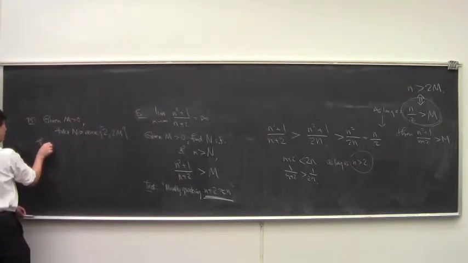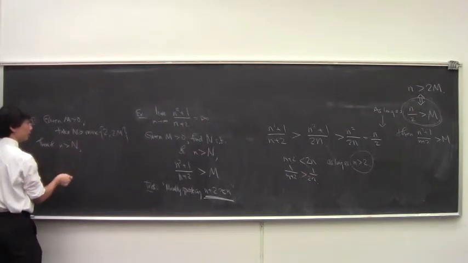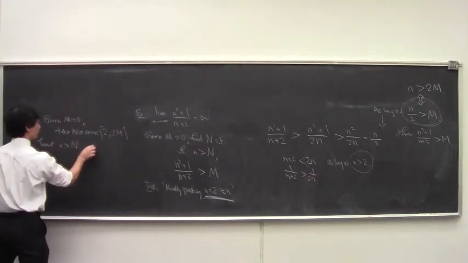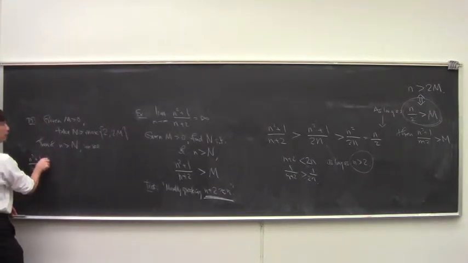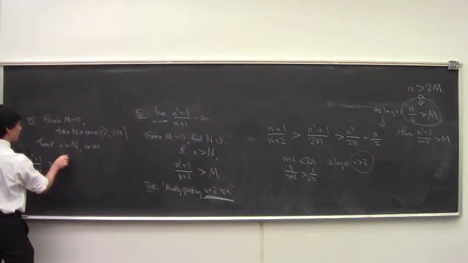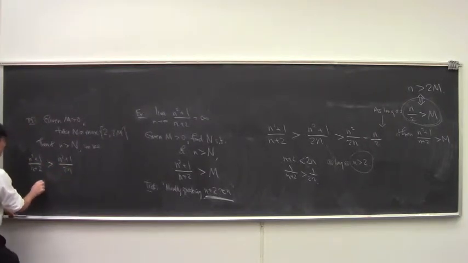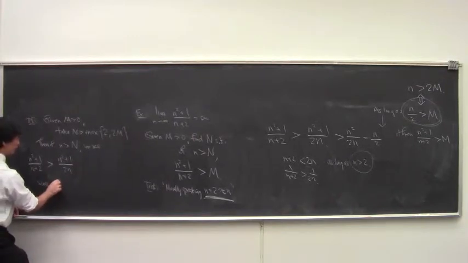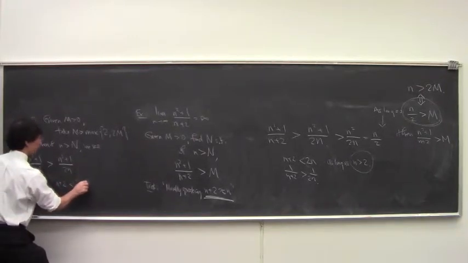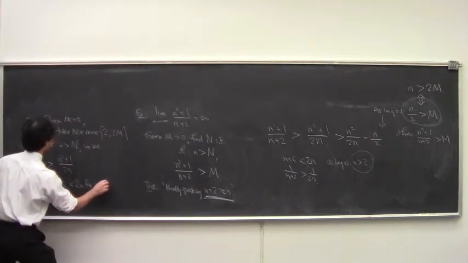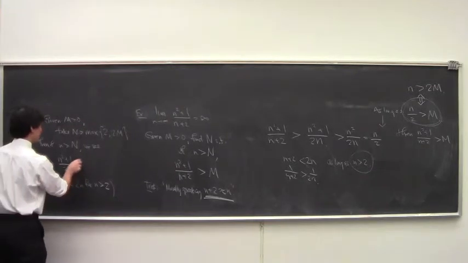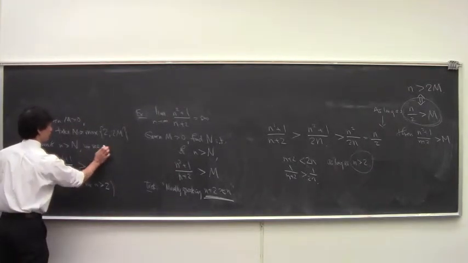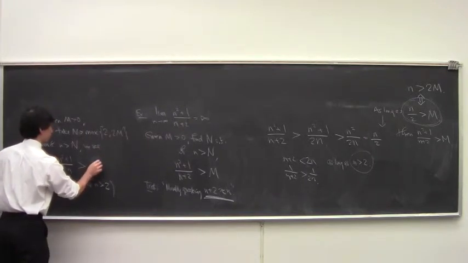Then, if n is bigger than that n, we see that n squared plus 1 over n plus 2 exceeds n squared plus 1 over 2n, since n plus 2 is less than 2n for n bigger than 2, right? And this is bigger than n over 2, right?